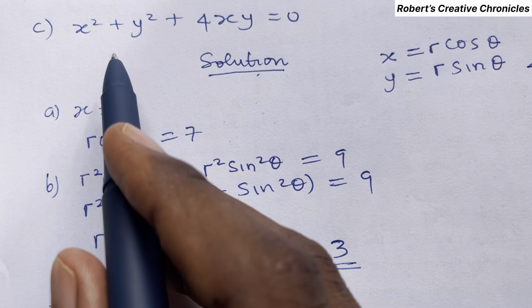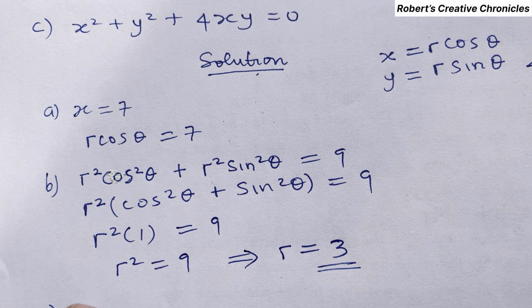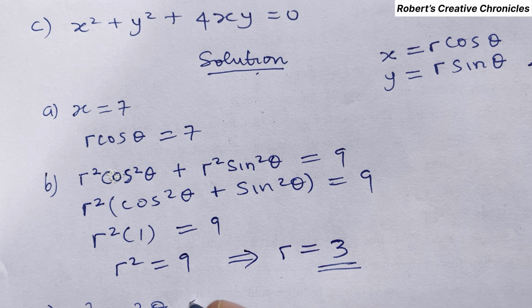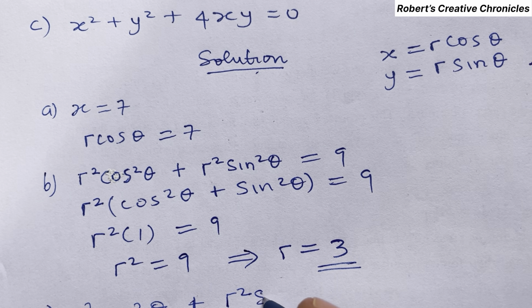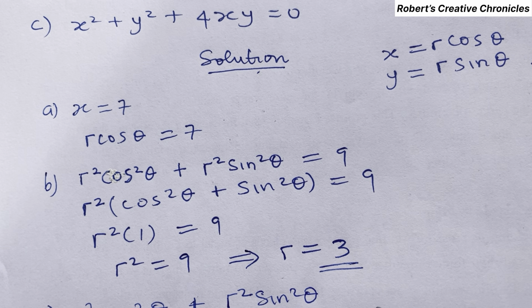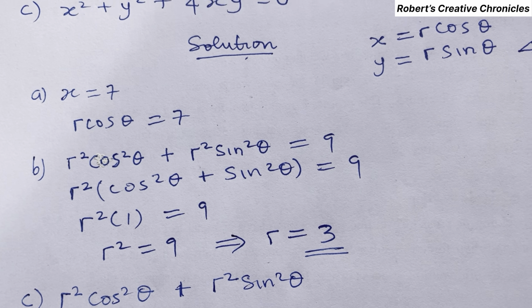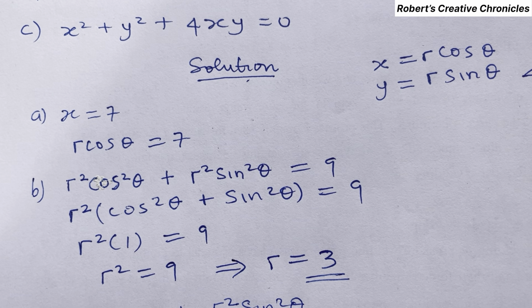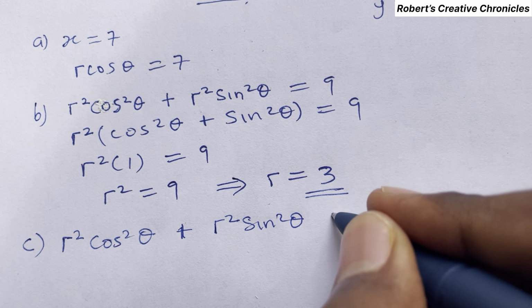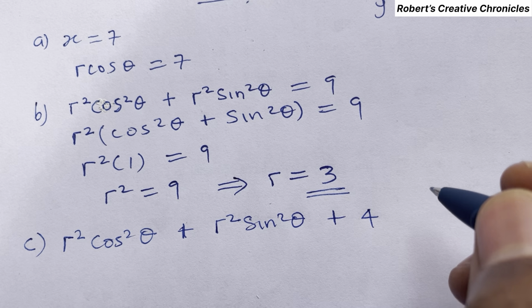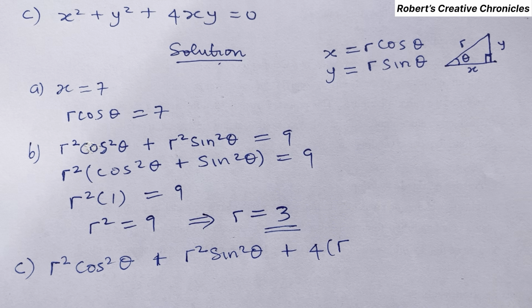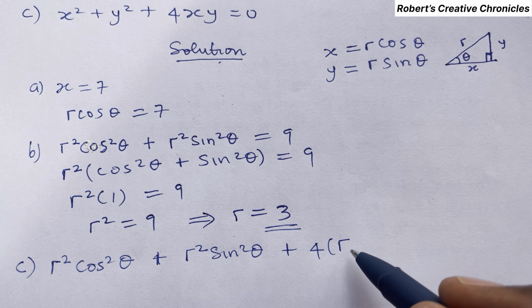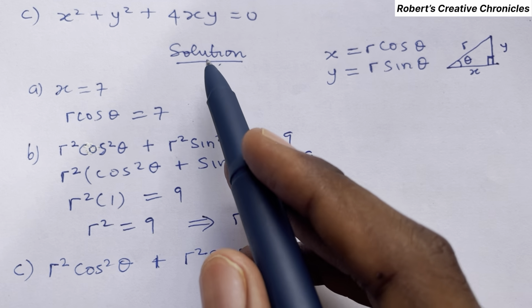Part C, x square is the same thing as this. It will be r square cos square theta plus y square, which is r square sin square theta, then plus 4xy, which is plus 4 times, so this means that this is 4xy.